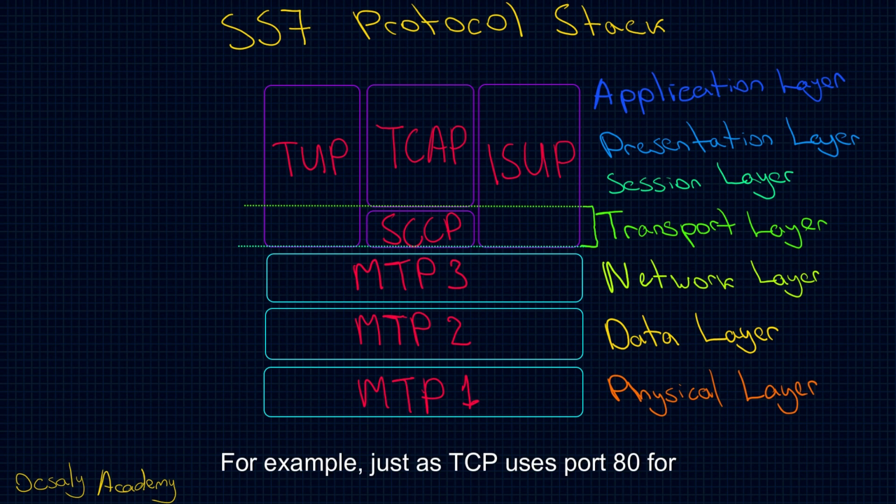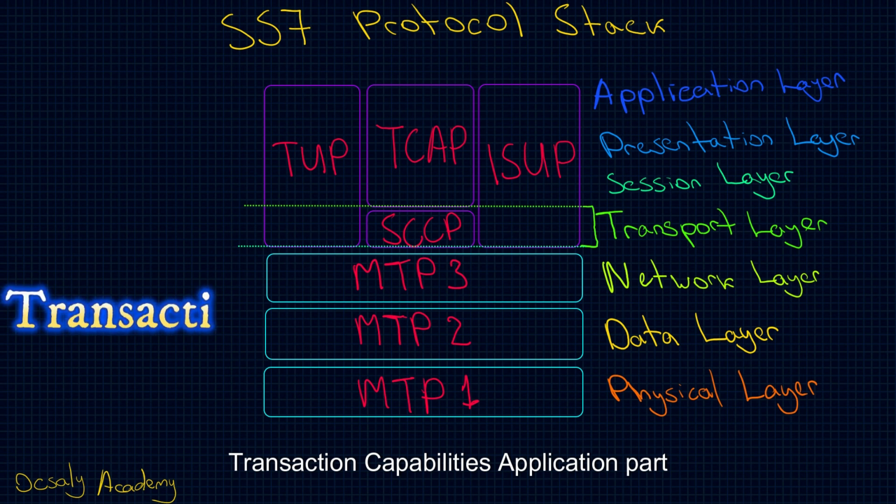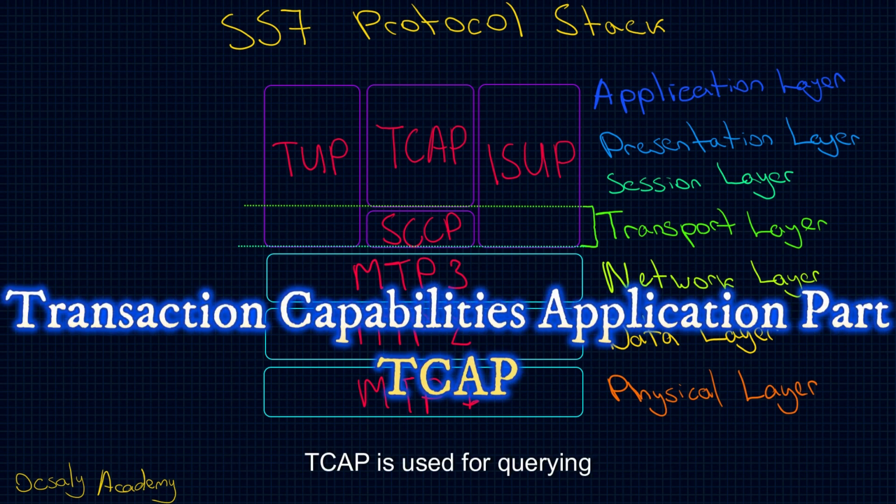For example, just as TCP uses port 80 for HTTP and port 21 for FTP, SCCP uses unique SSNs to route incoming messages to applications like billing systems or voicemail services. Transaction Capabilities Application Part, TCAP, is used for querying databases in telecommunication networks.